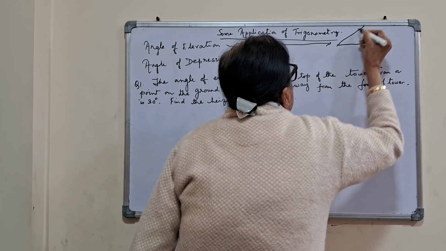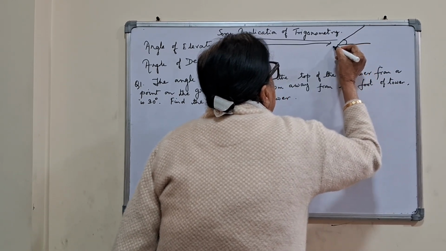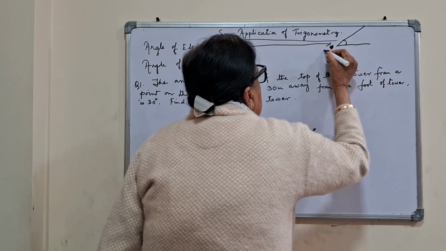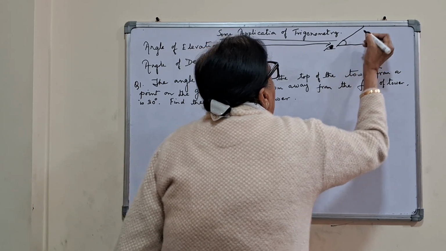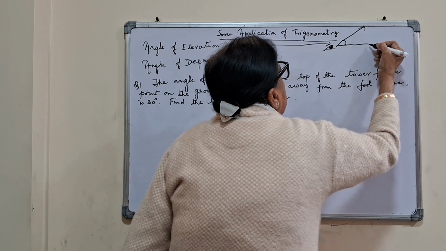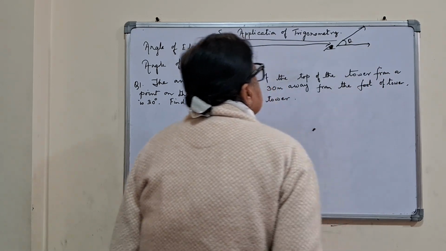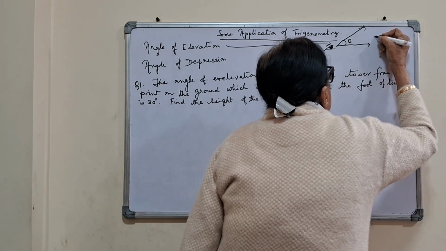My eyes are here, and this ray is going up where I am looking, and this angle is theta. This is called angle of elevation.